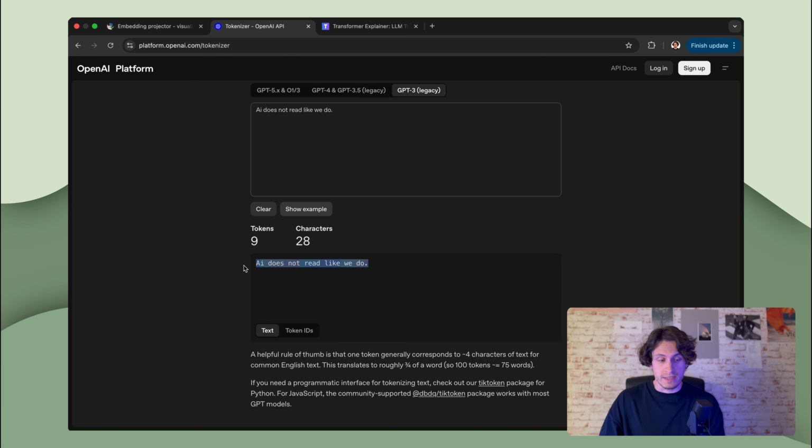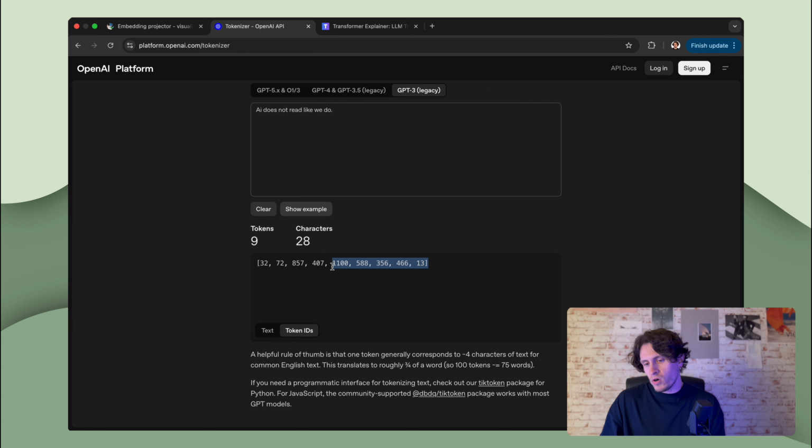The next step is that the tokenizer looks up each of these tokens in the model's vocabulary and replaces each of them with a numerical ID. So we can see it here. These numbers are not meaning by themselves. They are just identifiers, and you can think of them like entries in a giant dictionary inside the model.